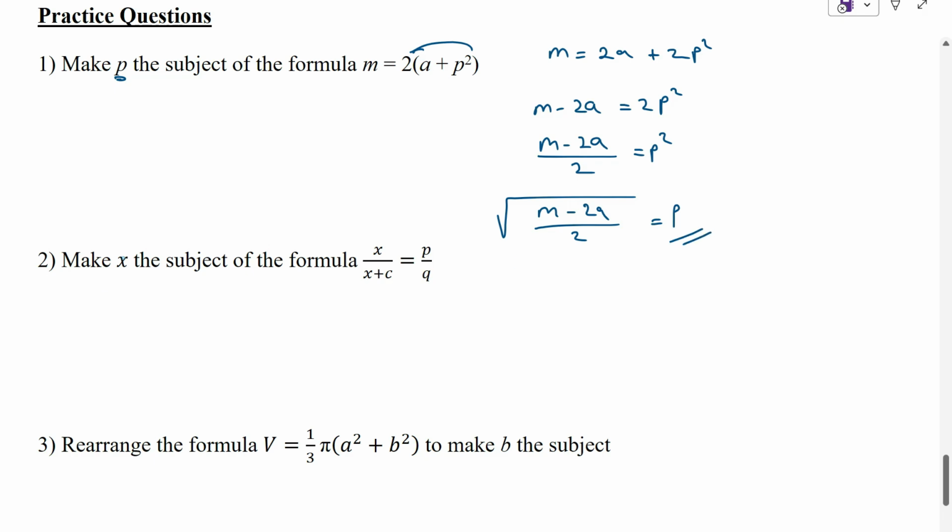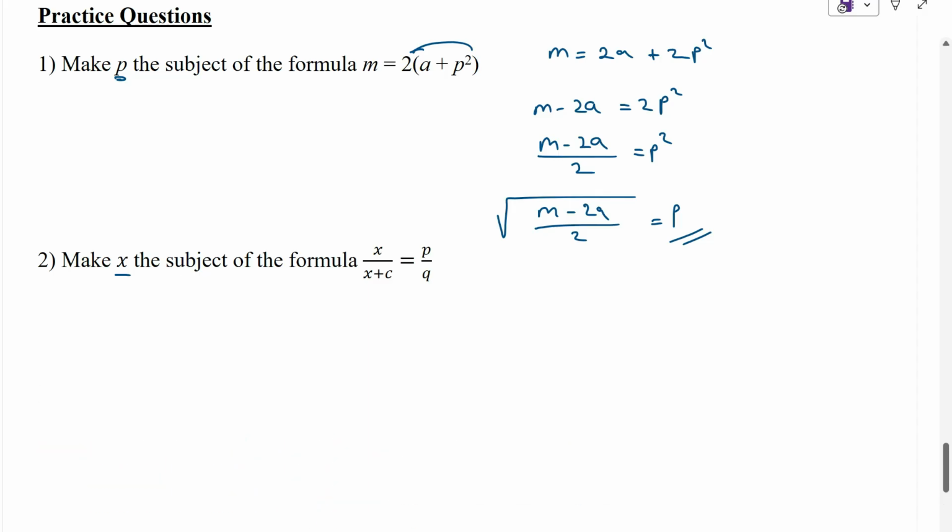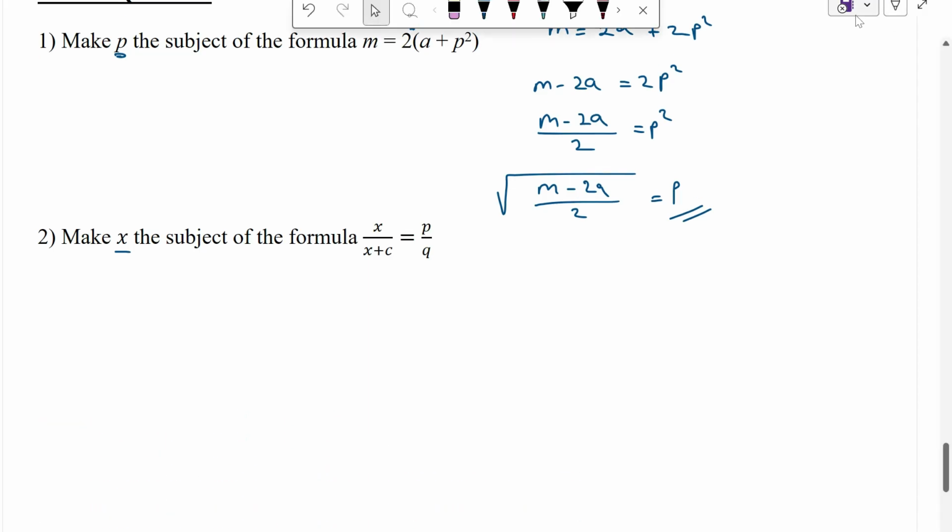In question 2, we need to make x the subject of this formula. So let's go ahead and make it linear first of all. Let's get rid of these fractions. So what I can do is I can take this q over to that side and then take this (x + c) over to the other side.